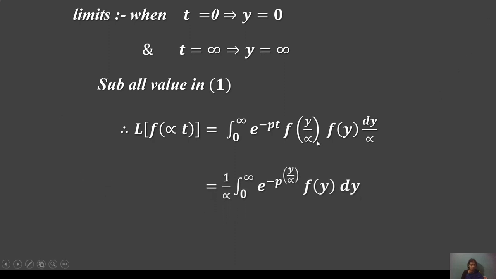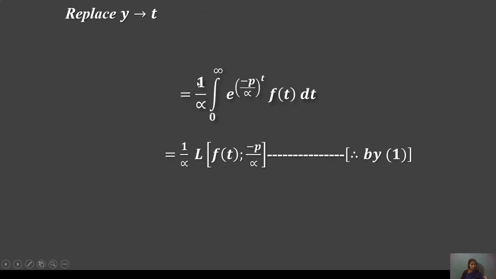Here 1 by alpha is common: 1 by alpha times the integration from 0 to infinity of e to the power minus p times y by alpha, f of y dy. Then replacing y with t, we get 1 by alpha times the integration from 0 to infinity of e to the power minus p by alpha times t, f of t dt.